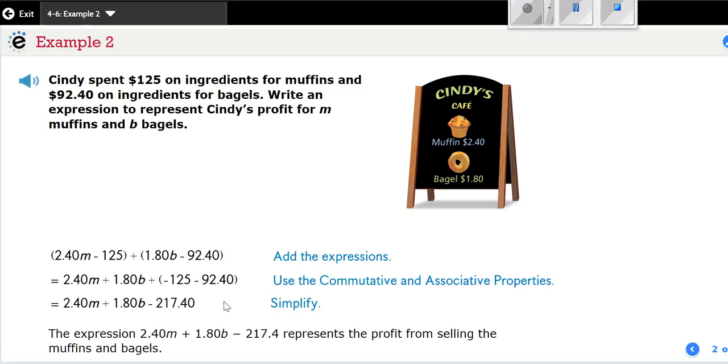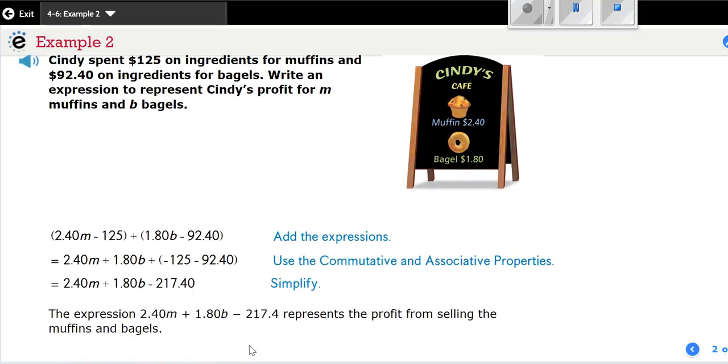If you were to do the math, you'd come away with negative $217.40 as the total loss to make it. And then of course, here's our combination of factors. So rearranging it all, we get a new expression that allows us to understand the total profits.